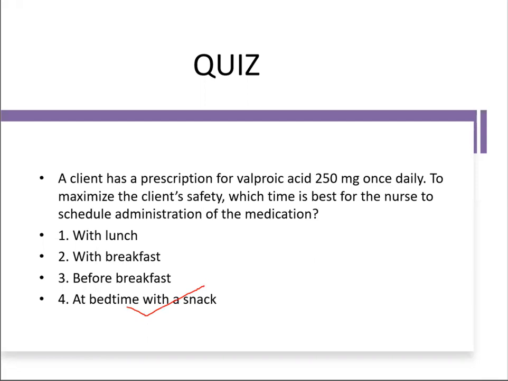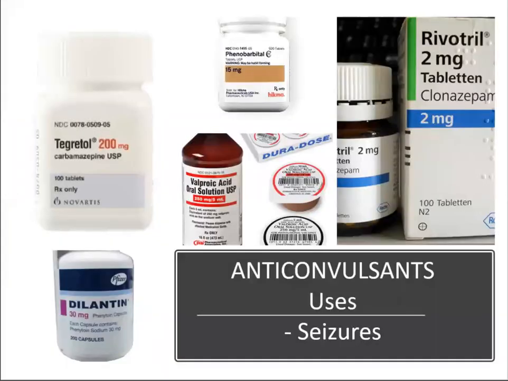So remember, if the client is taking a CNS depressant, you want to inform the client that sedation can occur, and you want to educate the client on measures to ensure safety. Some anticonvulsants we need to know for the NCLEX include phenytoin, which is Dilantin.